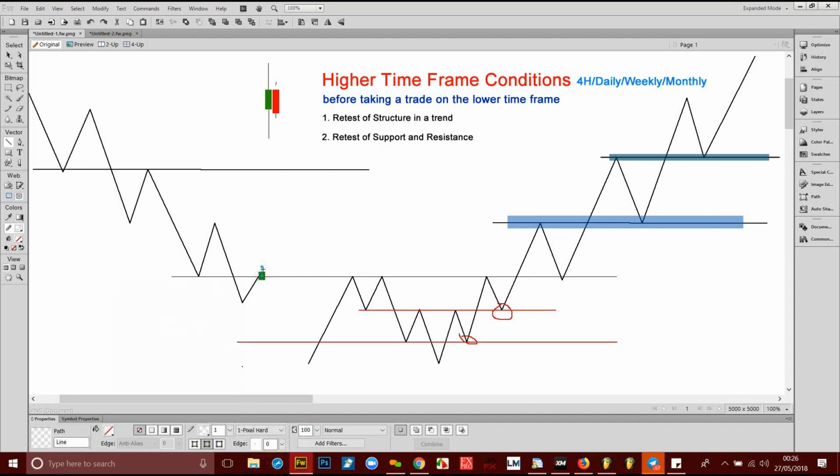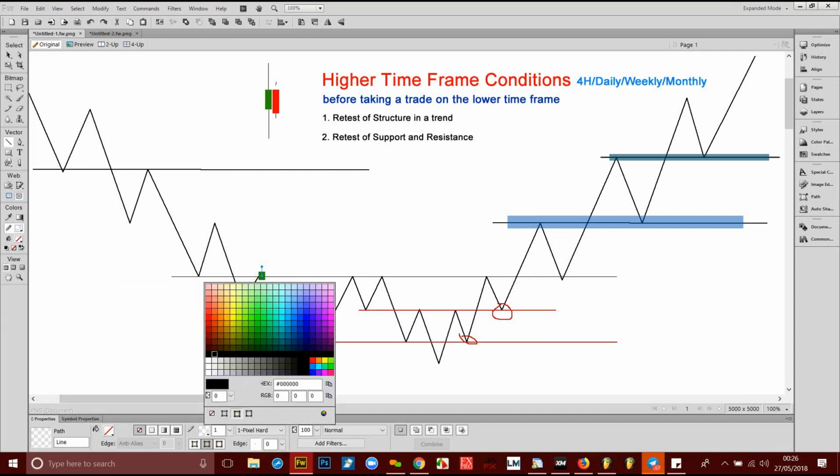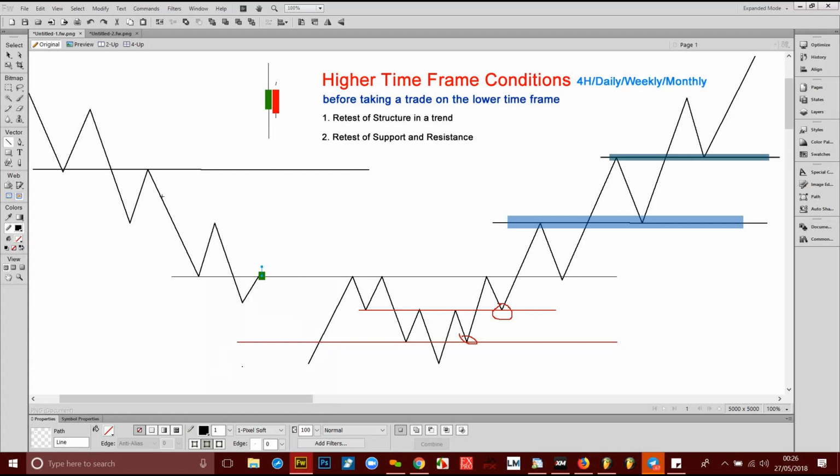If you can have this as green instead, it's better. So that's an example of what a shooting star looks like.